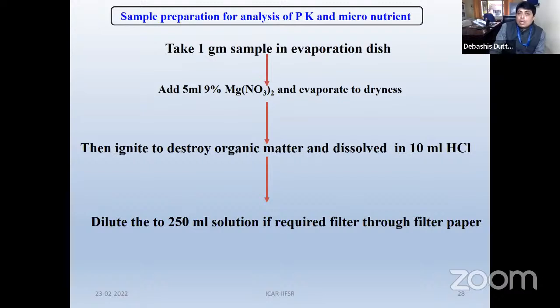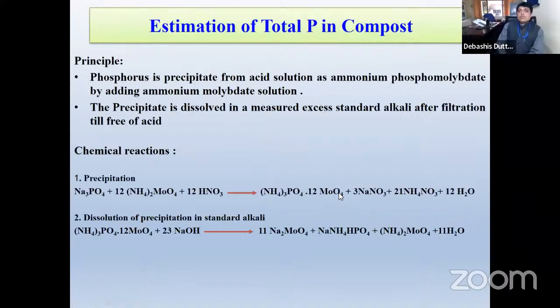In the case of phosphorus, the procedure is slightly different because we have to develop color, and we go for phosphomolybdate formation. This phosphomolybdate is dissolved in a standard alkali solution, and this alkali solution is back-titrated for the estimation of total phosphorus in the compost.